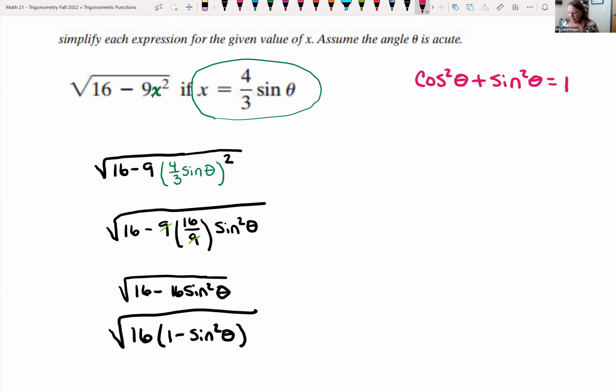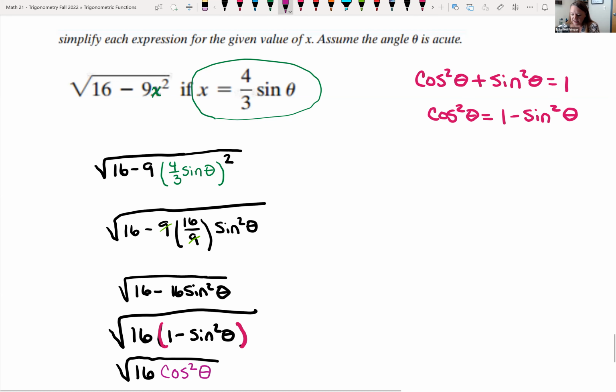So notice here, if I subtract sine squared theta on both sides of this Pythagorean trigonometric identity, that would give me cosine squared theta is the same thing as 1 minus sine squared theta. And so notice inside the radical, inside that parentheses is 1 minus sine squared theta. So I can rewrite the square root of 16 times 1 minus sine squared theta as the square root of 16 times cosine squared theta.